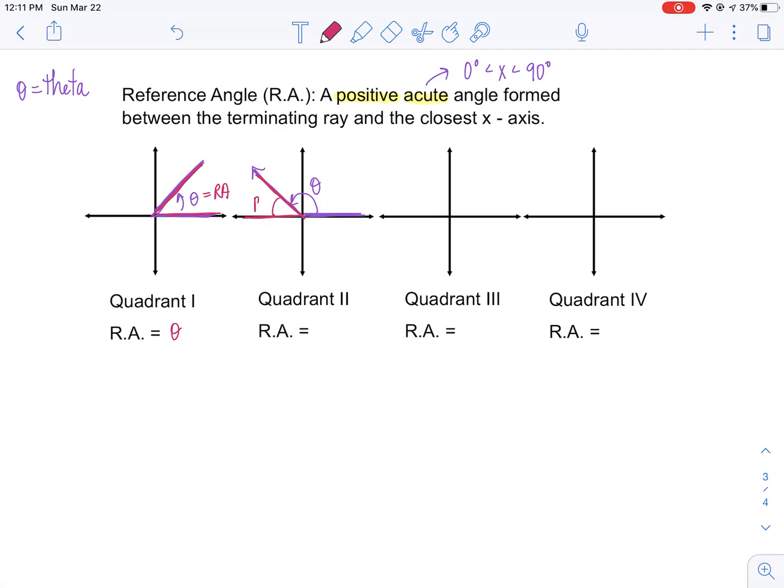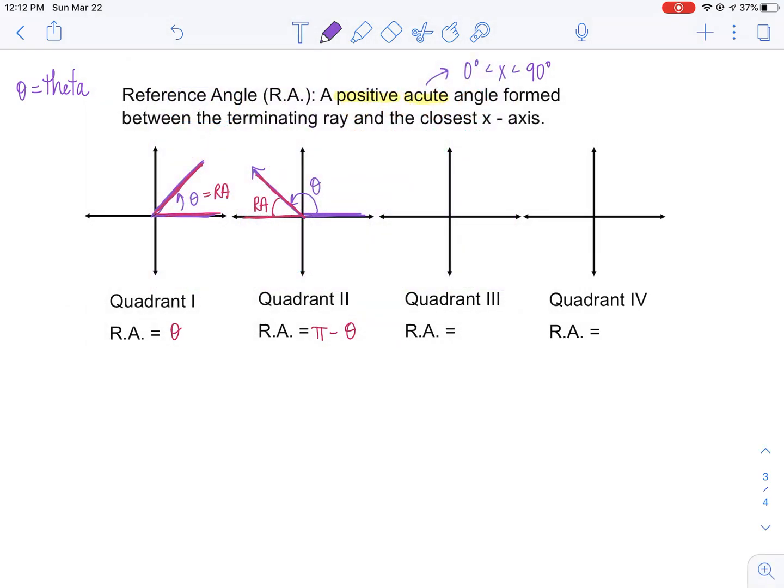Now, the way that I'm going to find that reference angle, if this were in degrees, I would do 180, which is a straight line's degree measure, and I would subtract off my angle. But because it's in radians, I'm going to do pi minus theta. That's the equivalent of 180 degrees minus theta.